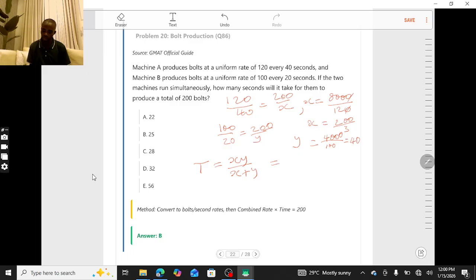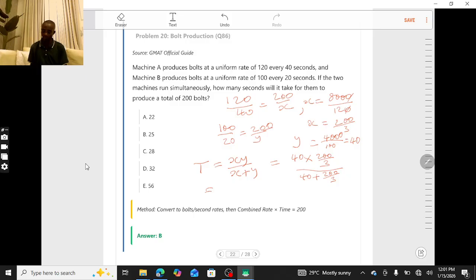So now we are going to have 40 times 200 over 3, then divided by 40 plus 200 over 3. So let's work that out and see.